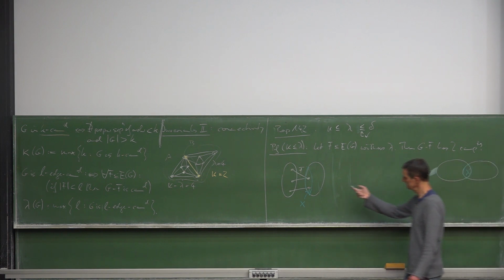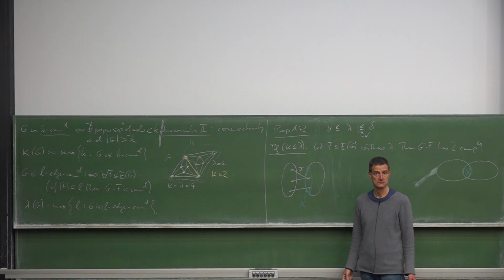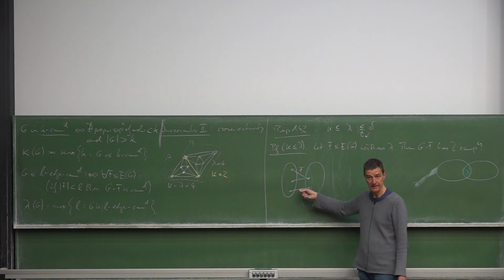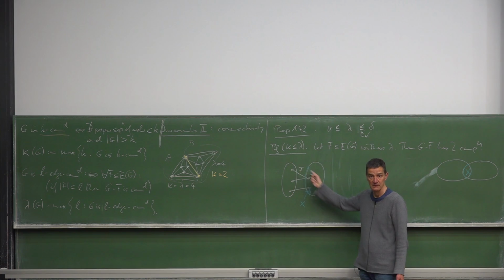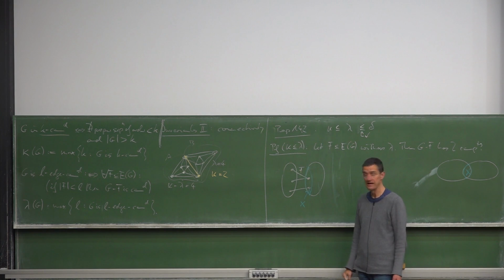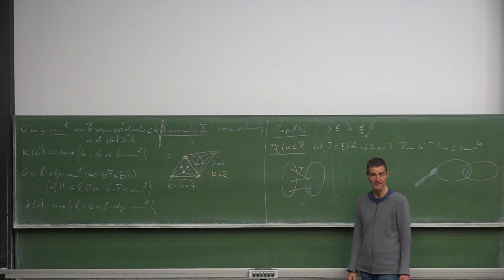And the idea would be that X is no bigger than F. F has a certain number of edges. All the edges from left to right are in F. So how many vertices can be incident with edges with such vertices on the right? Well, no more than F has edges, because for every vertex on the right, by definition, you have an edge in F, and maybe even more than one. So X seems to be necessarily smaller than F.